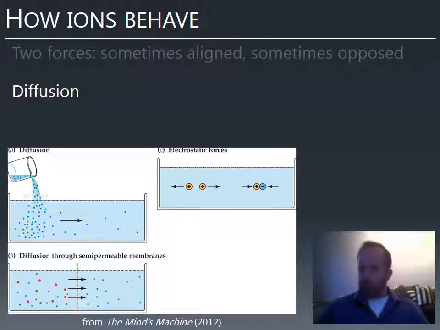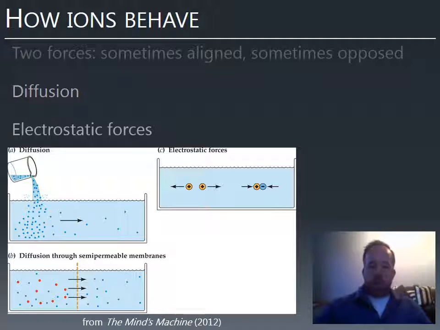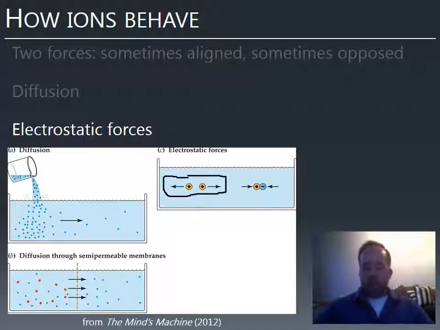So that's diffusion. But there's a second force in place called an electrostatic force. And all that means, and we've probably already heard this concept many times, is that positive charges repel each other, and negative charges repel each other, but opposite charges attract one another. So if you have two positive ions, as we see here, or two negative ions, it would work the same way, they tend to move apart.